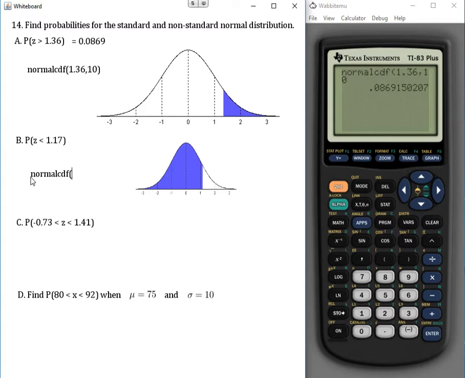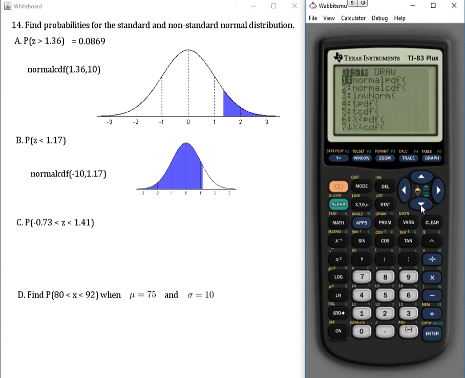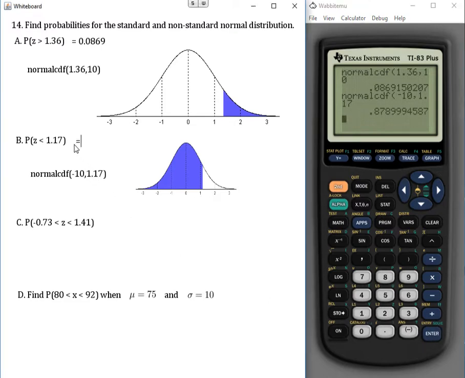The two inputs that I need to provide are the lower z-score and the upper z-score. In this case, my lower z-score is going to be negative 10, so I'm going from negative infinity up to the upper z-score, which is the 1.17. So second distribution, normal CDF, negative 10, comma 1.17, and I get my answer of 0.8790 when I round to 4 decimal places.